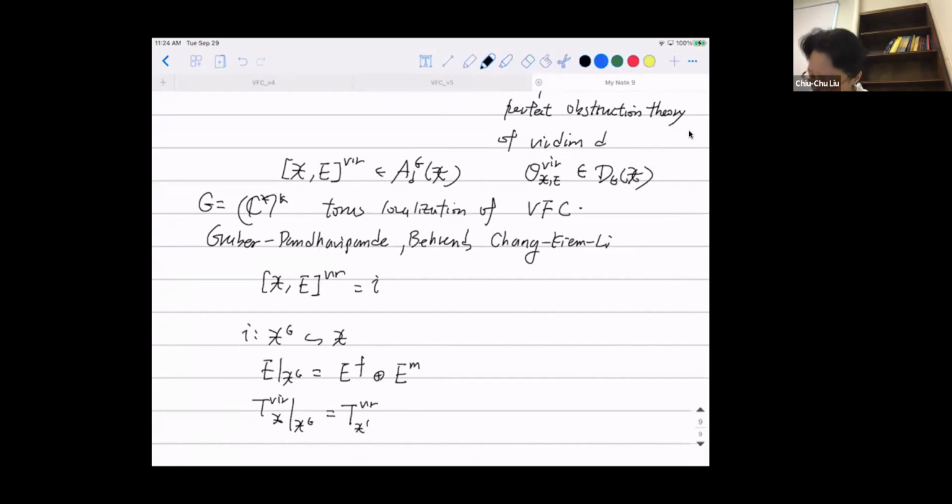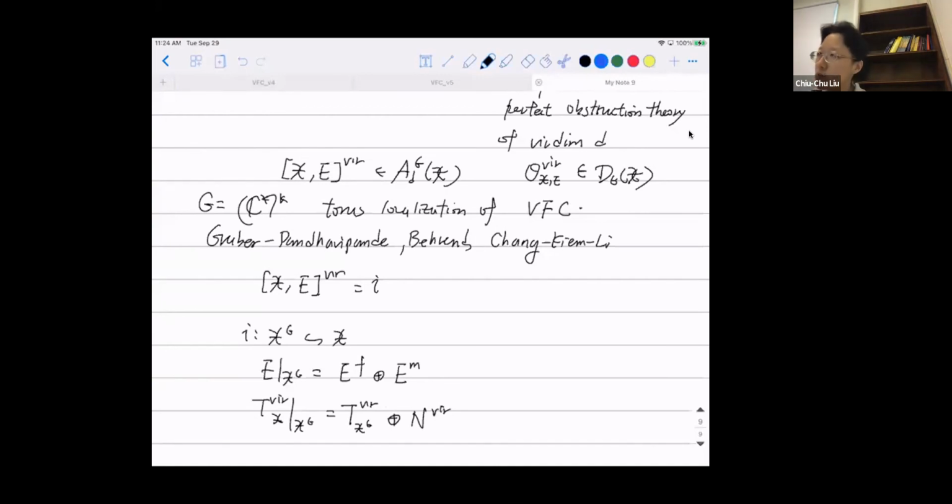We use the fixed part to define a perfect obstruction theory on the Deligne-Mumford stack, which is the G-fixed locus of X. The moving part is defined to be the virtual normal bundle.